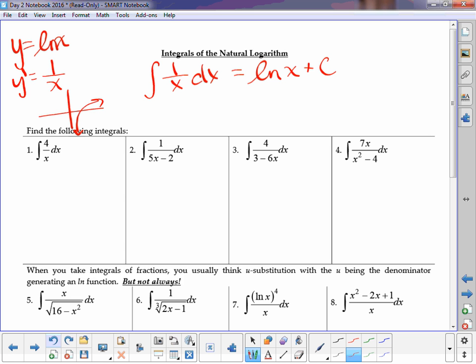Absolute value. So our antiderivative of 1 over x is actually natural log of the absolute value of x. That guarantees that we are only getting positive values before we take that natural log. And once again, u sub still applies when it's that composition of functions. So just make yourself note: u sub for composition.